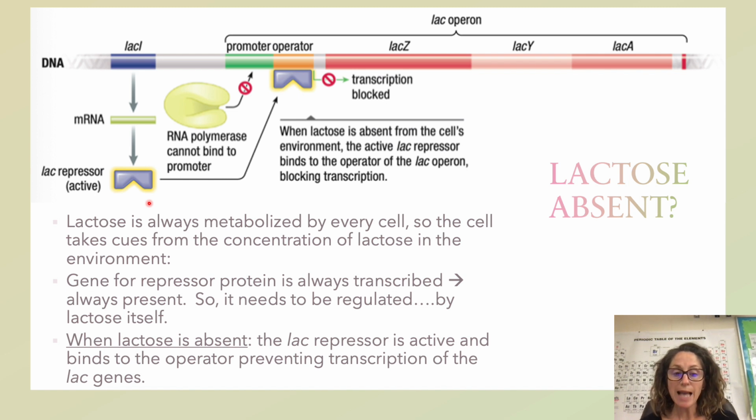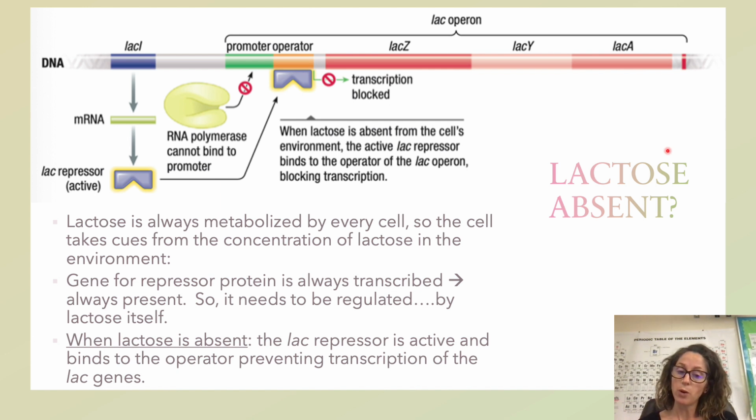So when lactose is absent, this repressor is going to be present, it's going to bind to the operator, and it's going to prevent transcription of these genes. That makes sense, because if you don't have lactose present, you don't need to metabolize lactose, so these don't need to be made. It would just be a complete waste of the cell's energy and resources to make proteins that are going to metabolize something that's not there.